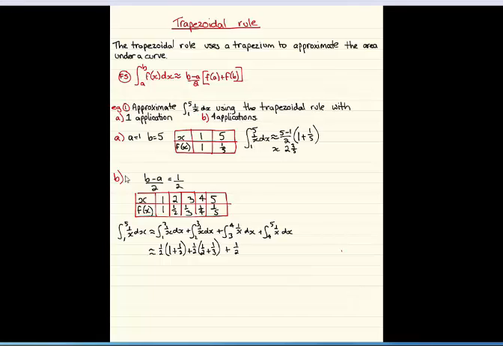And on we go. It's just the same thing repeated over and over again. And that's why having it in the table is so easy, because you just start on the left and you work your way across. Okay? All that goes into your calculator, and we say, well, that is approximately 1 and 41 over 60.